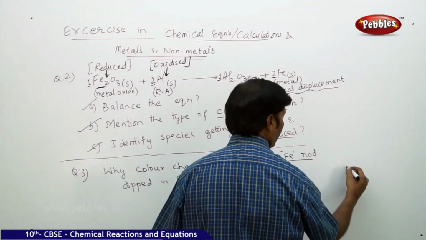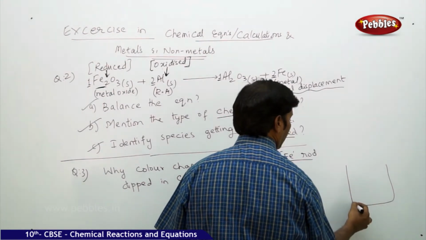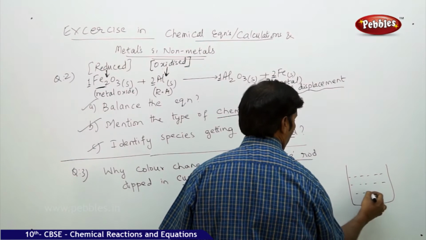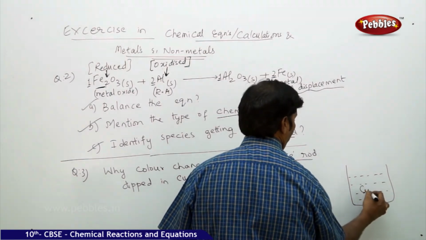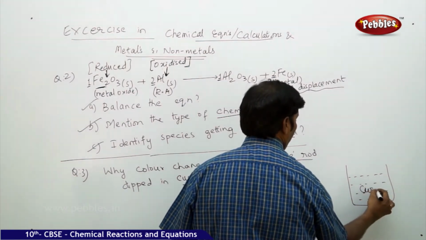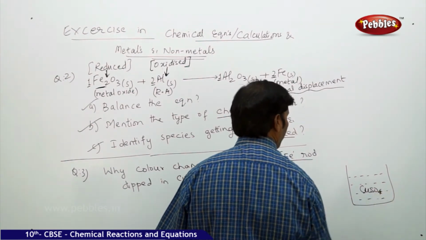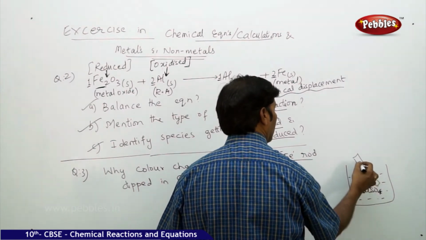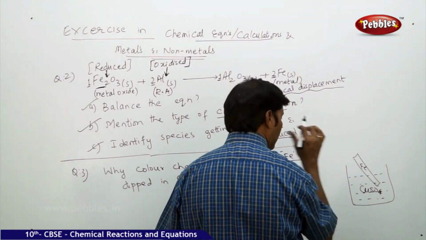What I am doing here is taking a vessel wherein this is copper sulfate, and here we are dipping an iron rod. It's a piece of iron rod. This is brown color.